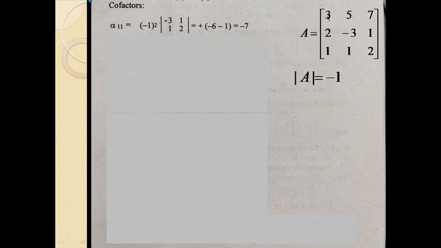When 3 is selected, the corresponding numbers left after neglecting the others are -3, 1, 1 and 2. And this one, we all know what is meant by this. -1 raised to 2. Actually it is -1 raised to i plus j. Here i is 1, j is 1. So -1 raised to 1 plus 1, that is 2, equals plus. This plus is the representation of this. This is another style of computing the cofactor.